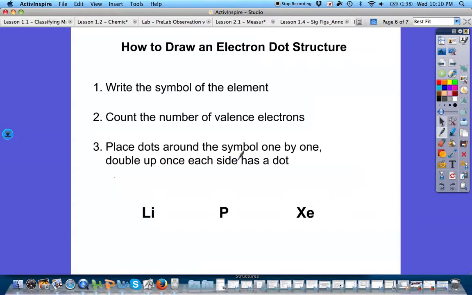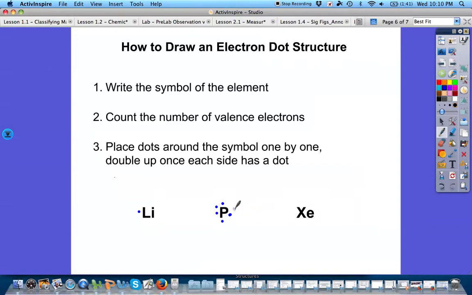So if you find lithium, it is in the 1A column, so it is going to have 1 valence electron. Phosphorus is in the 5A column, so we're going to put 5 dots around it. 1, 2, 3, 4, 5.